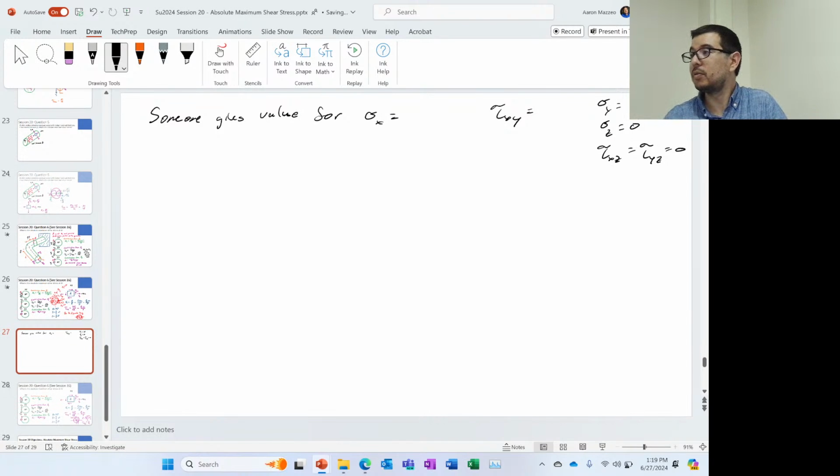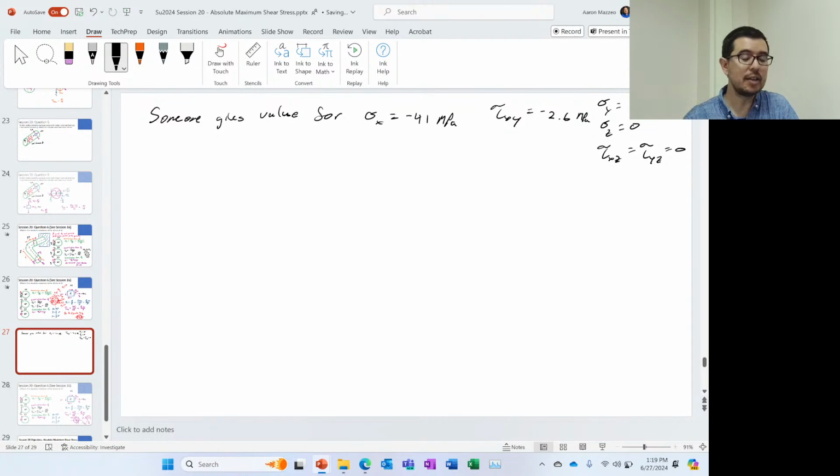Sure. For sigma x, I got negative 41.1. And then for tau xy, I have negative 2.55. Okay, so we'll just call it negative 2.6, and negative 41. Did a lot of people get negative numbers for these?